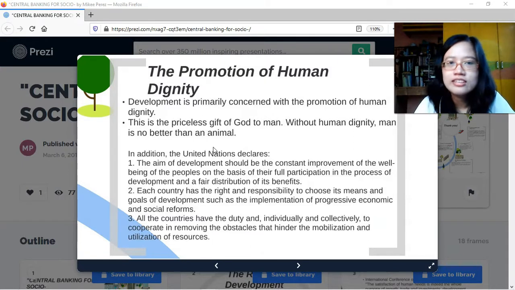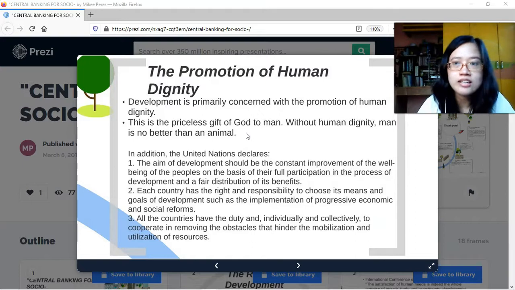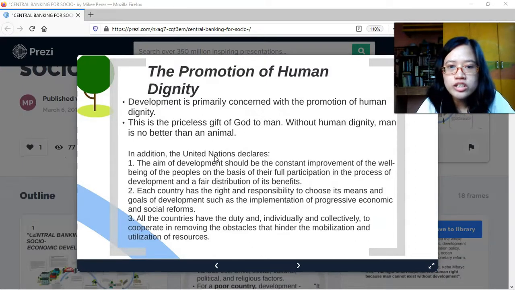So. Okay, promotion of human dignity. So development is primarily concerned with the promotion of human dignity. Priceless gift of God to man. Without human dignity, man is no better than an animal. Okay. In addition, the United Nations declares the aim of development should be the constant improvement of the well-being of the peoples on the basis of their full participation in the process of development and a fair distribution of its benefits.